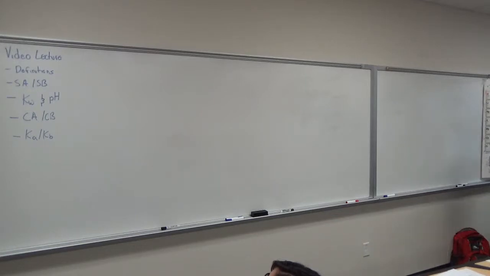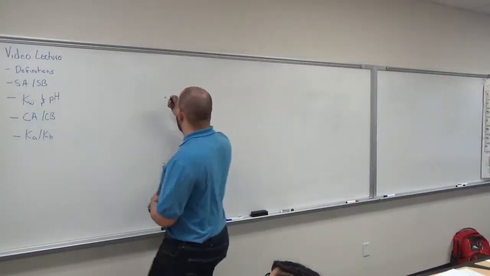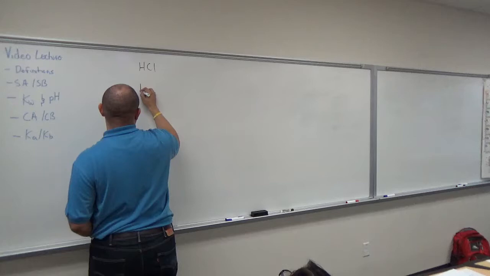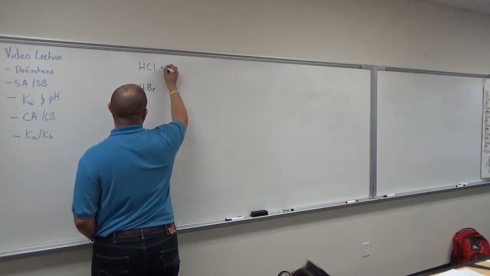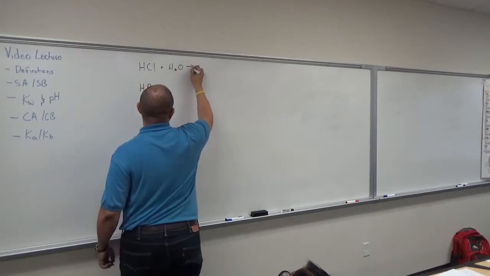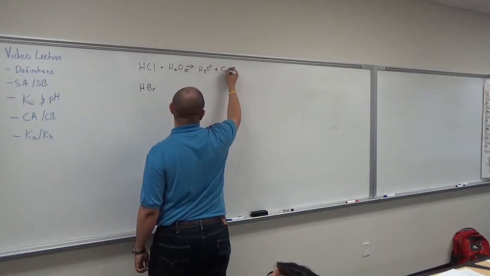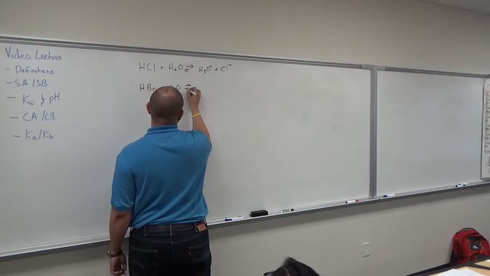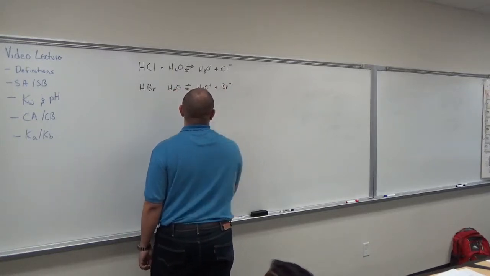So, if you're dealing with the anion of a strong acid, let's look at two examples. HCl, HBr. If we look at the dissociation of each of these, we end up with hydronium plus chloride, and for hydrobromic acid, we end up with hydronium and bromide.